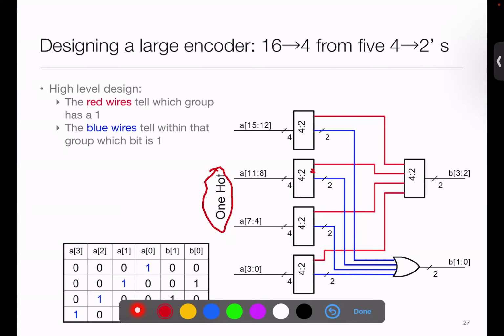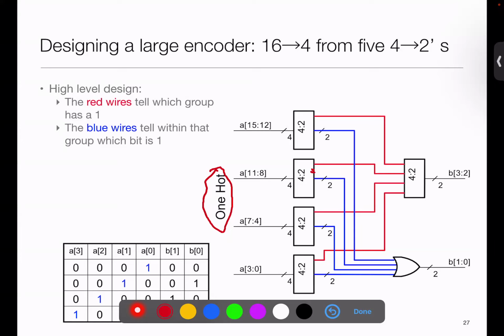So the red line is telling which one of the 4 groups has the A bit which is 1. Right? So if AI is 1, then which one of these 4 groups has that AI? That's what the red line is telling us, right? Well, the red line is 0 as per the previous slide, it is 0 when all the inputs are 0.